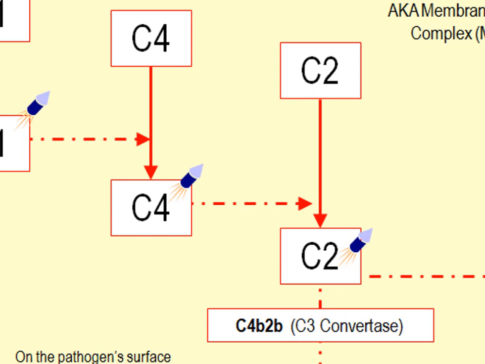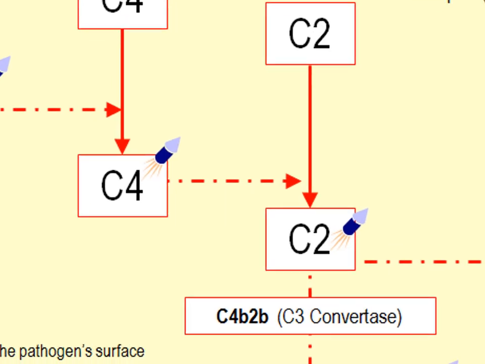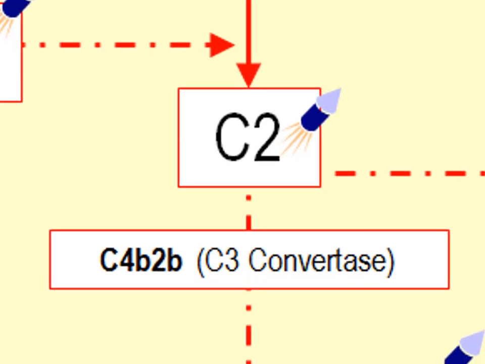So just remember, we don't go from complement 1 to 2, we go to 4 and then to 2, and in the classic pathway we bypass complement 3 up to this point. Now here is the deal: that activated complement 2 is going to cause formation of the C4b2b complex.